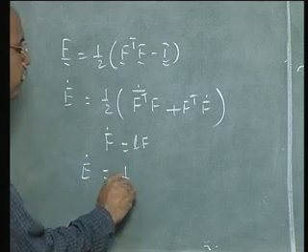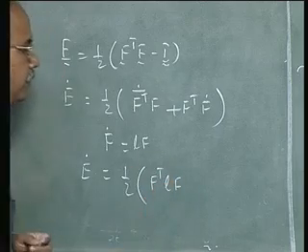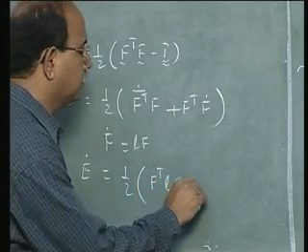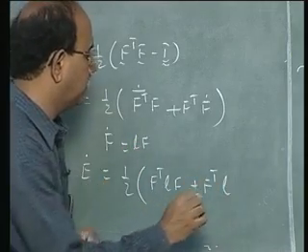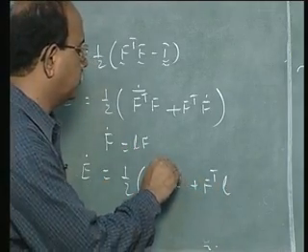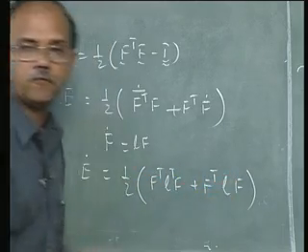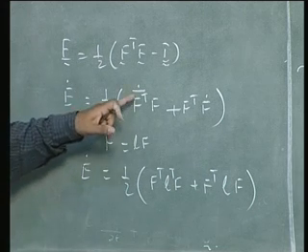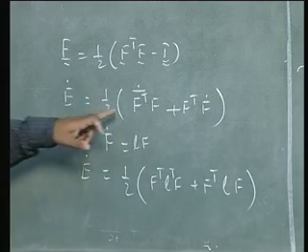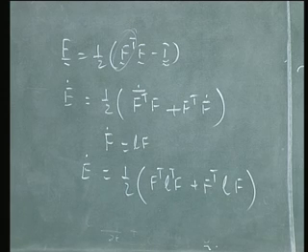It is equal to half of F transpose LF plus F transpose L transpose F, plus the dot of F transpose, which is differentiated with respect to time. That's all.